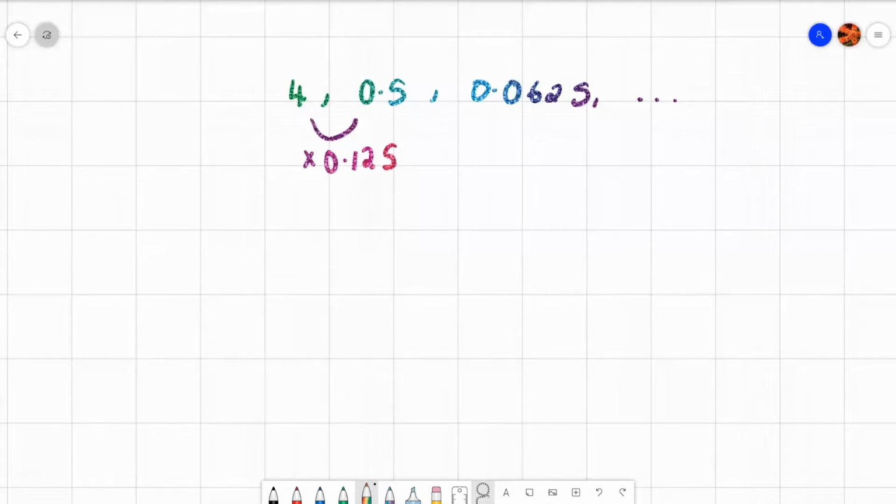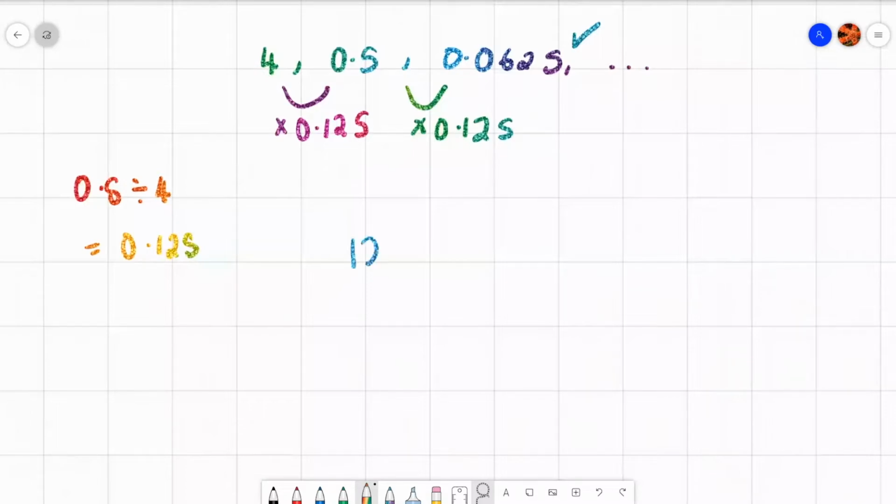And I worked that out on my calculator by doing 0.5 divided by 4, and I got 0.125. I'm just going to check on my calculator that if I times 0.5 by 0.125, I end up with 0.0625. Yes, so that is correct.